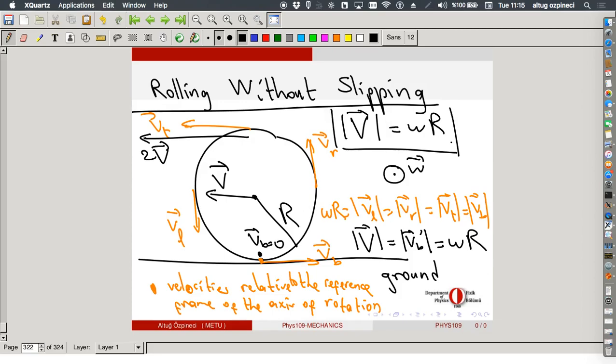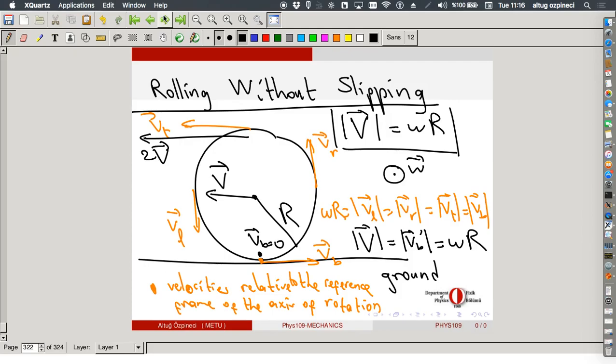If you have a wheel that is rolling, or any spherical object that is rolling without slipping, in that case, the speed of this axis, the center, should be equal to its angular velocity times its radius. Otherwise, it will be slipping. If it is moving too slowly, of course it will slip. If it is moving too fast, then it will slip. Only if this condition is satisfied, it will just roll without slipping.